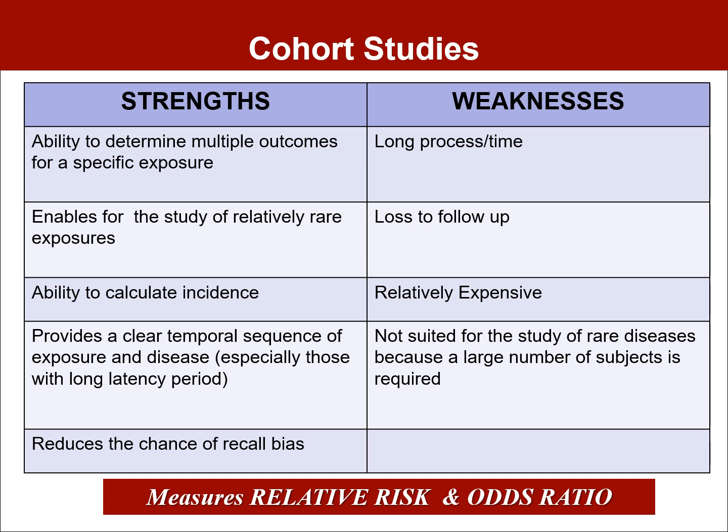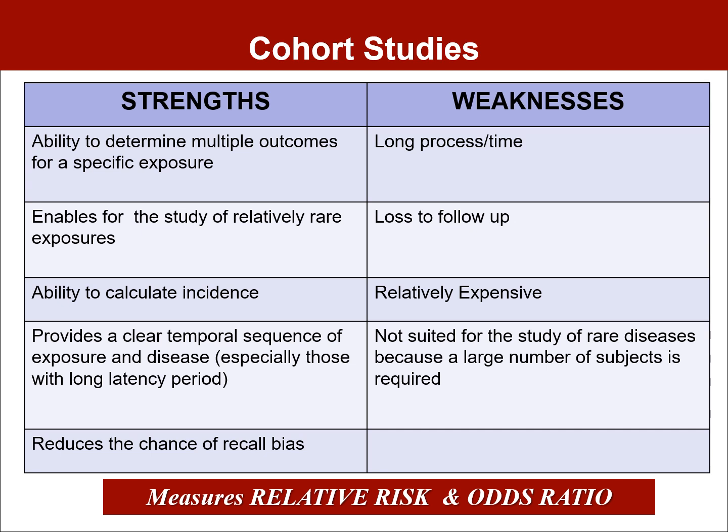It also enables you to study relatively rare exposures. If you remember, for case control studies, you can study rare diseases, but for cohort studies, you can actually study rare exposures. So pay attention to that, because the baseline seems to serve as the factor that would help you determine what the strength or weakness is.